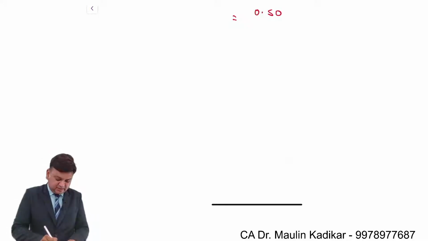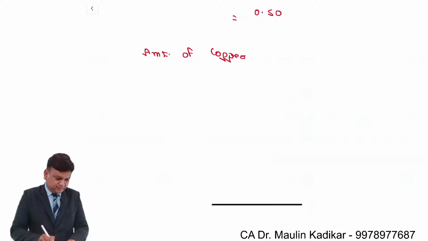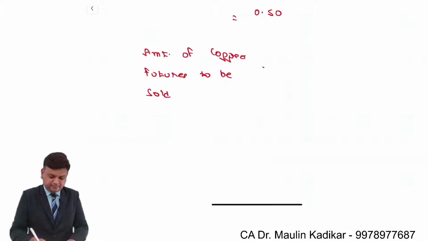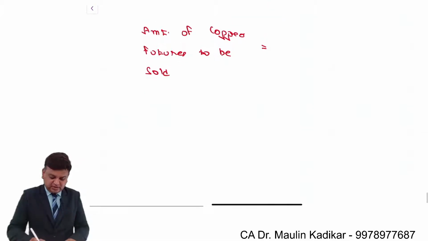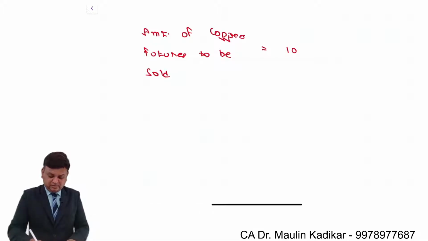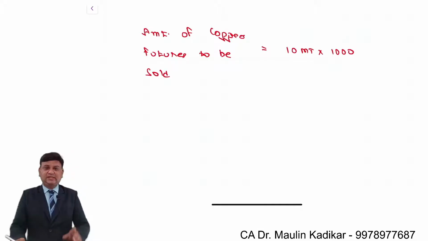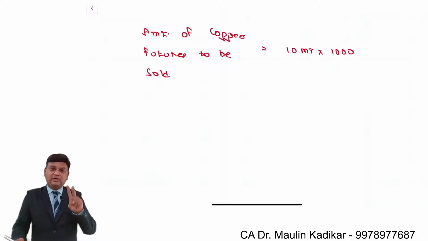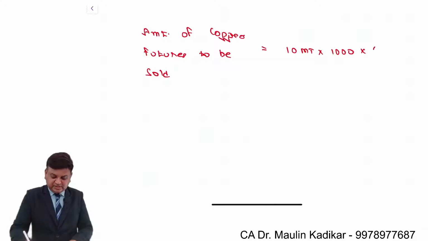So we understand that the amount of copper futures to be sold, for that over here it is 10 metric ton into 1000, because we understand that 1000 kg is equal to 1 metric ton, into 474.